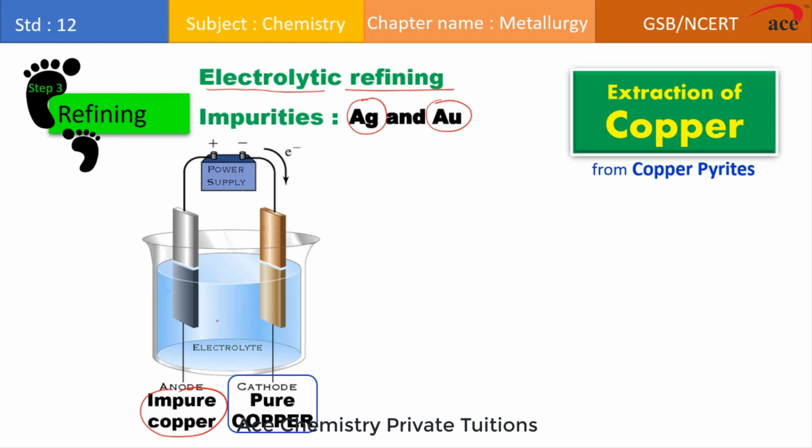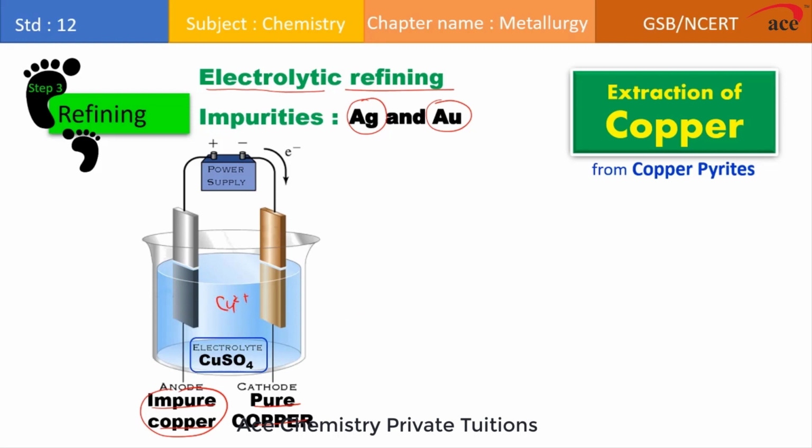The only difference is that the anode is made up of impure copper, that is blister copper, and the cathode is made up of pure copper. The electrolyte should contain the ions of the same metal. So the electrolyte that we are using is what? Copper sulfate, CuSO4. So it consists of copper 2 plus ions.